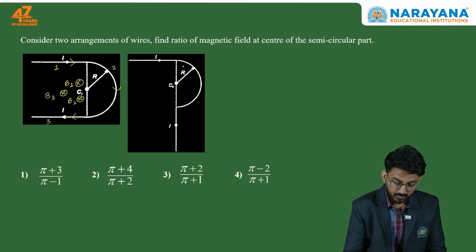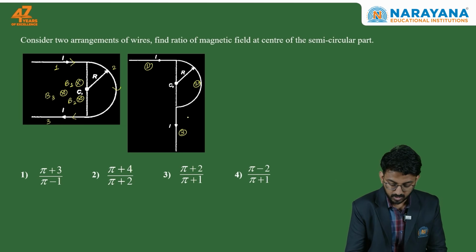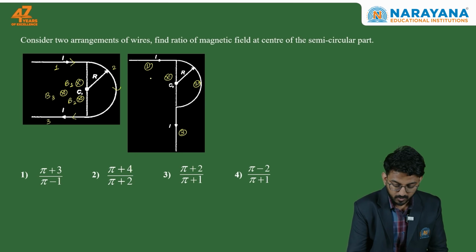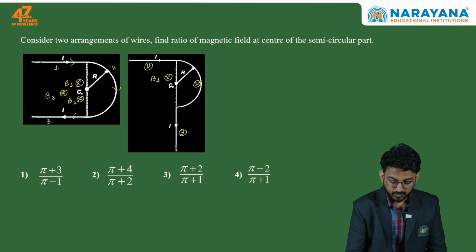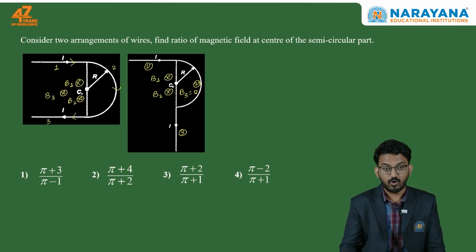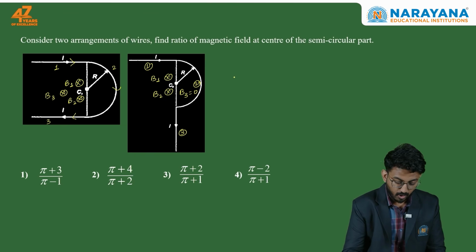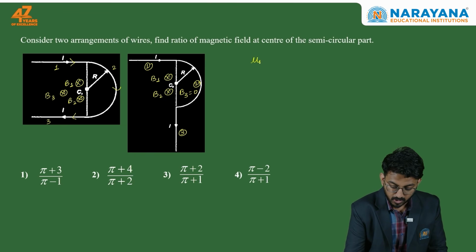Same case if you see with the second part 1, 2 and 3. Because of part 1, again the magnetic field is going to be into the page. Because of 2 is going to be into the page, and actually because of 3 magnetic field is going to be 0 because the point lies along the wire here. So total magnetic field in the first situation is going to be the sum of all three. So mu naught I divided by 2 pi r.